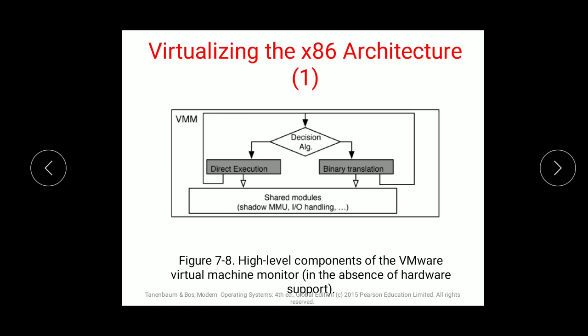Suppose I'm working on the binary machine and I'm not provided with binary translation, my direct execution can convert the data into binary execution to replicate it to the hardware. So as per the requirement of my user, the x86 architecture was this, but here there is an absence of actual hardware.